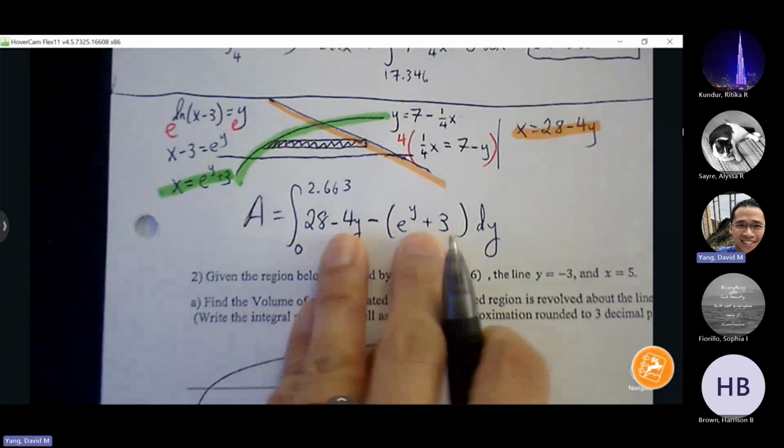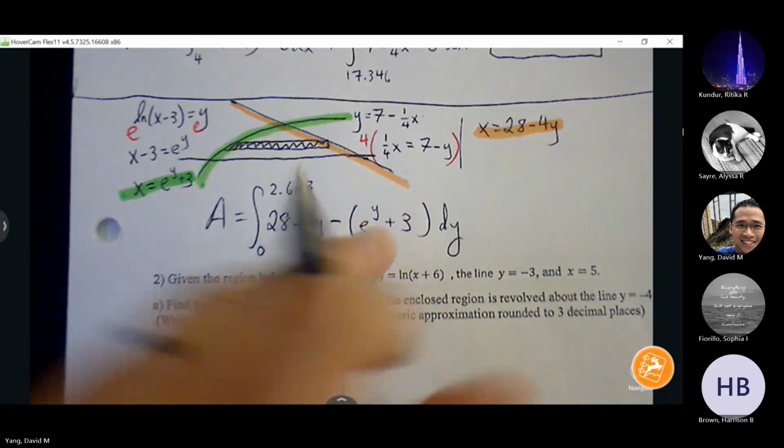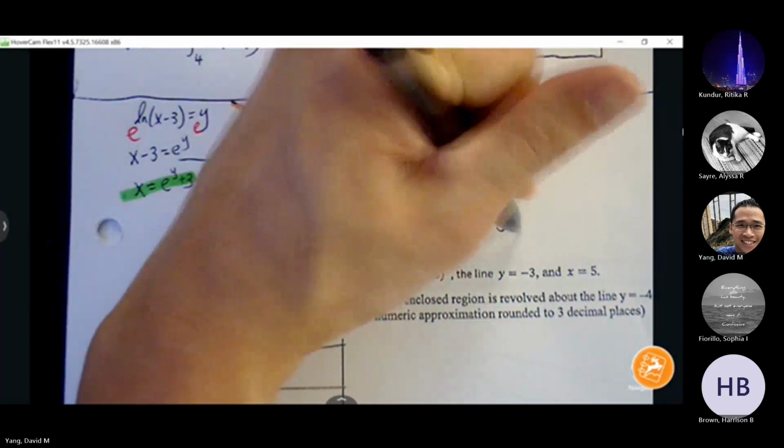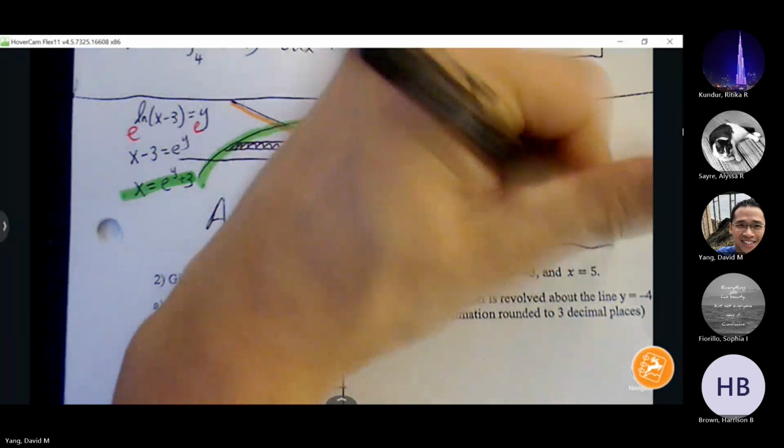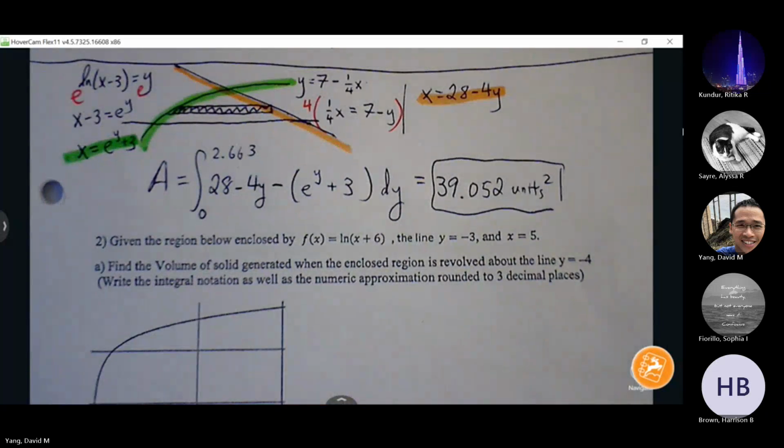Use x's wherever you see another variable. We should also get 39.052. Questions?